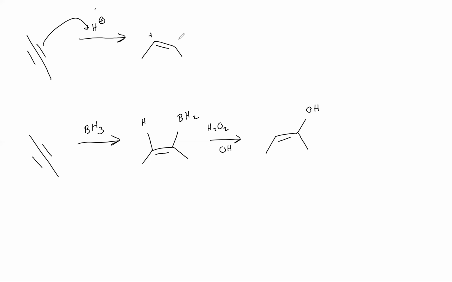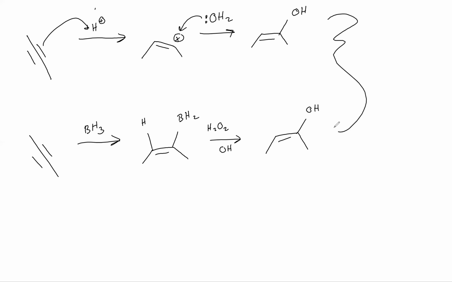Let me put the carbocation over here so we're adding to the same side. Then H2O is added to the carbocation, and then we deprotonate, and we end up with the same exact alcohol here. These are special alcohols. We call these enols. Why? Because we have an alkene next to an alcohol, so we combine those names together and call it an enol. Does that make sense so far?